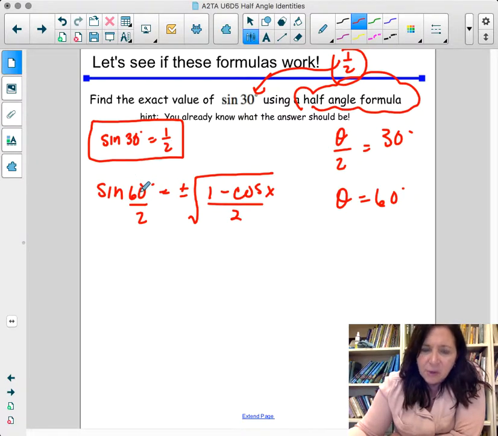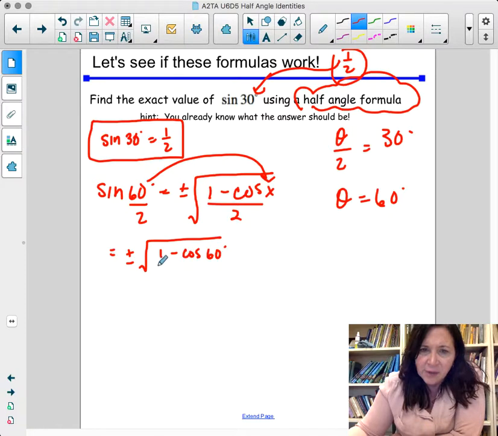So this angle, 60 degrees, is going to go right in here, okay? So what we have now is plus or minus the square root of 1 minus cosine of 60 degrees all over 2. And all of that's under the root.